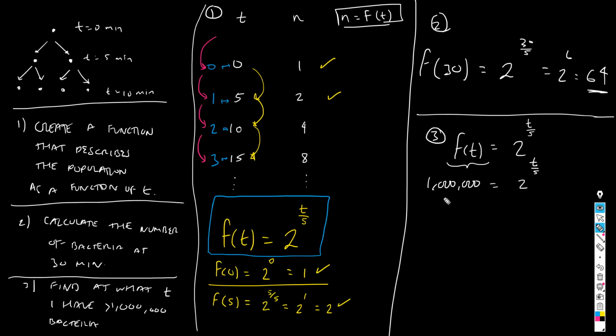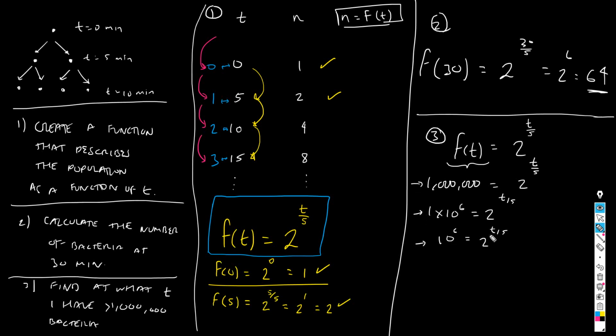Now, please do not write these numbers in this way. There's nothing wrong with this, but try to use scientific notation. That's why we invented scientific notation. So this is just 1 times 10 to the 6, or just 10 to the 6, right? It's the same.